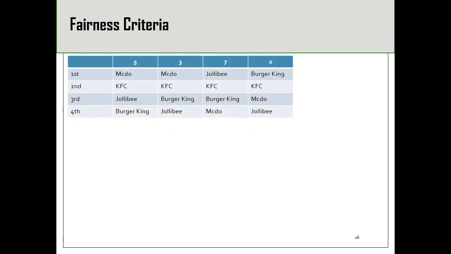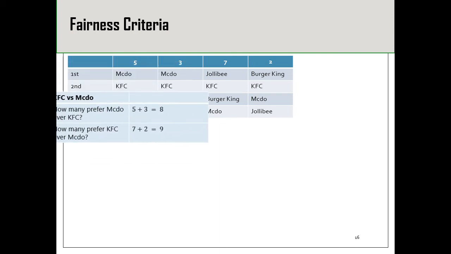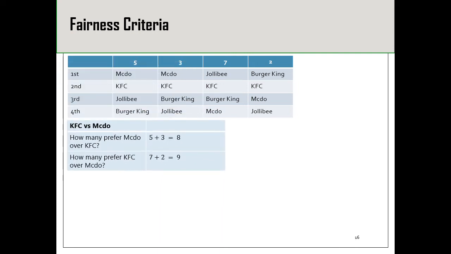So let's take a look at this preferential table. When we say head-to-head contest, we have to pair two eligible candidates at a time. For example, let's have KFC versus McDonald's. So the idea for the head-to-head contest is how many people prefer KFC over McDo, and how many people prefer McDonald's over KFC.